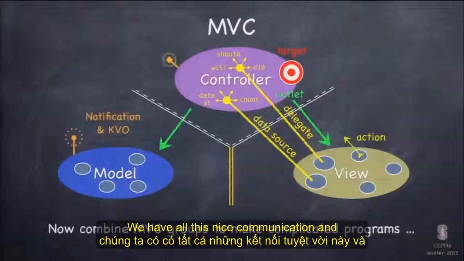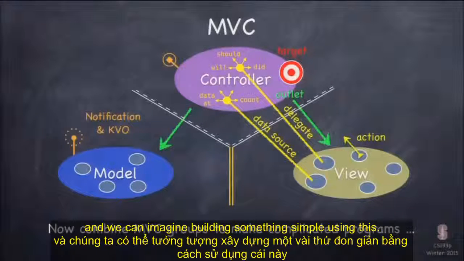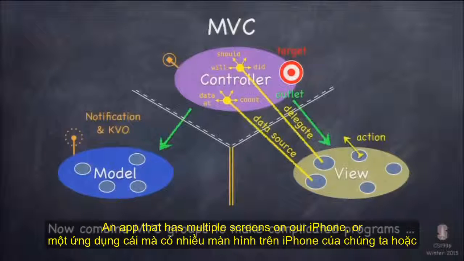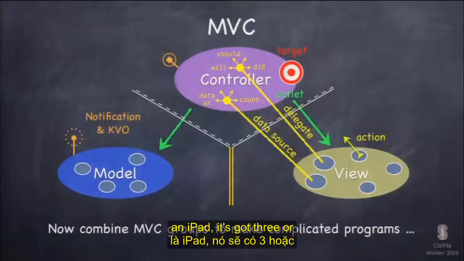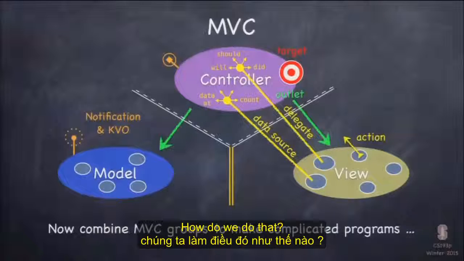We have all this nice communication and all these rules, and we can imagine building something simple using this. But what if we want to build a big complicated app, an app that has multiple screens on our iPhone or on an iPad? It's got 3 or 4 different areas on screen where things are happening. How do we do that?